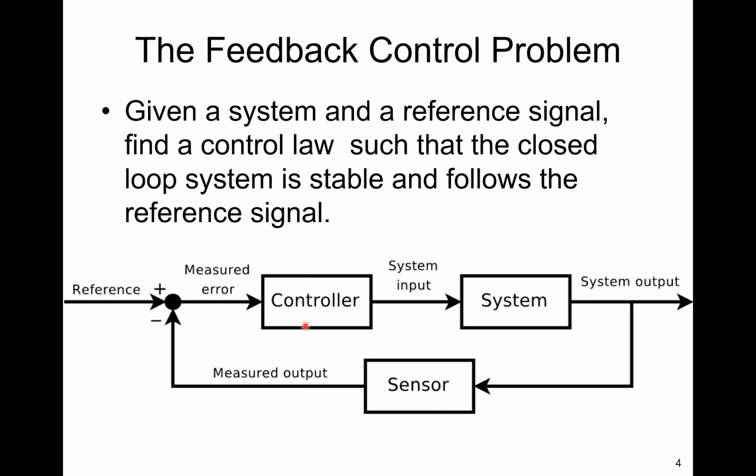And your current speed is perhaps 45. So your measured output is 45. So you have a 5 kilometers per hour error, and your controller needs to take some action to correct the error. And so it produces an acceleration command and increases the vehicle speed, and gradually the error reduces to hopefully 0.